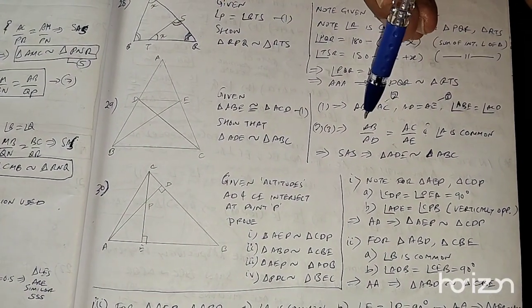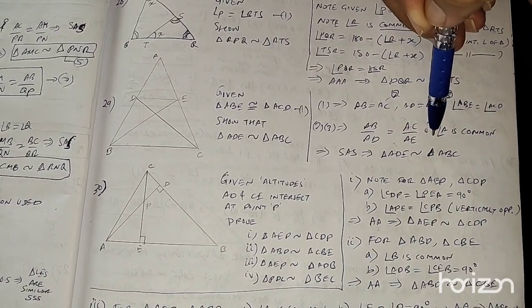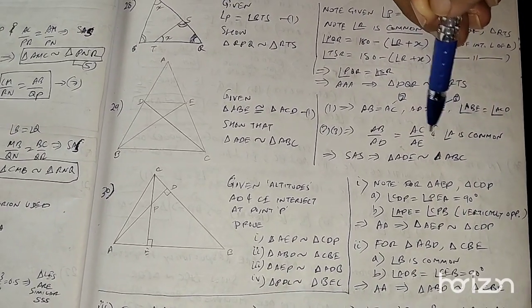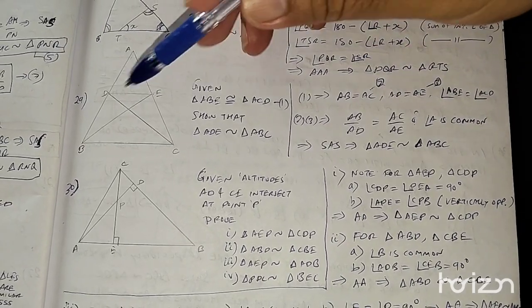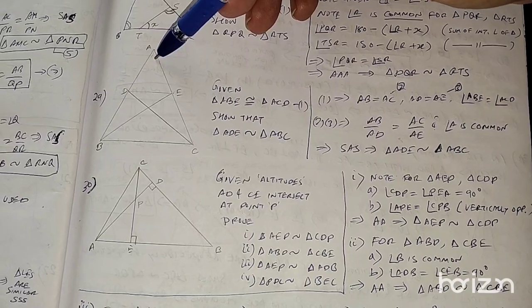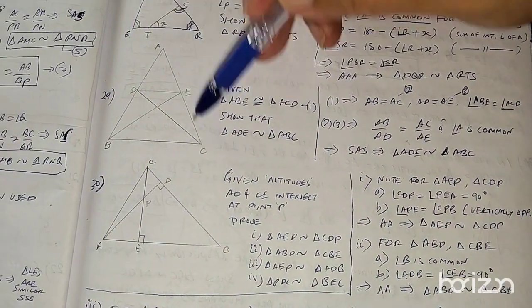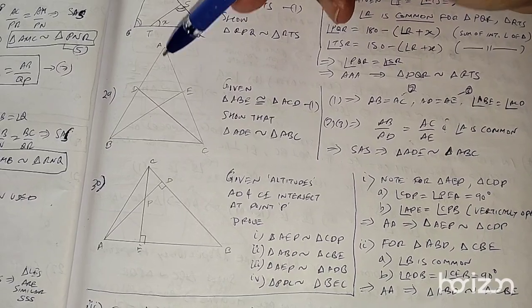Now given that AB by AD is equal to AC by AE, because it's already proved, because the triangles are congruent, and given angle A is common. So this side is equal to this side and angle A is common, right?